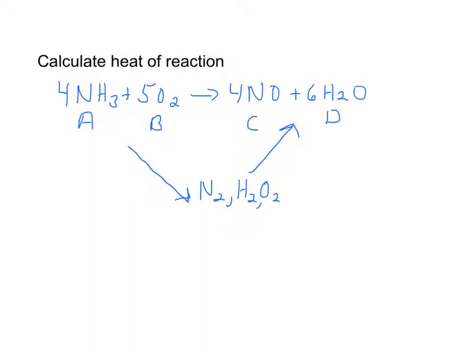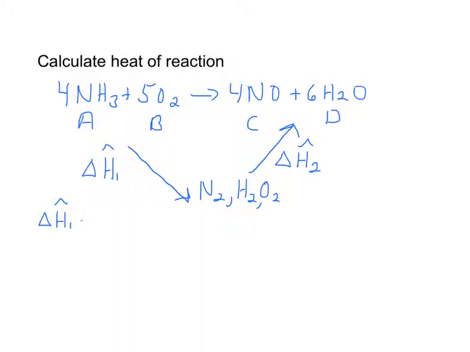So we need to calculate this enthalpy here and this enthalpy, which I'll call delta H1 and H2. The heat in step 1 is actually the opposite of the heat of formation. Notice we're going from the molecules to the elements instead of the elements to the molecules. And so these will be the opposite of the heat of formation.